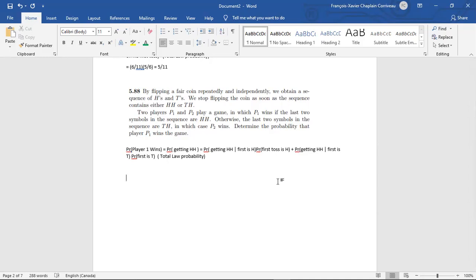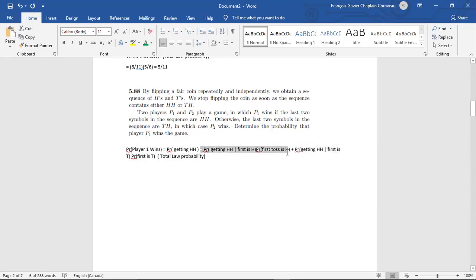Yeah, that's the intent. So this probability here is zero. If the first toss is a tail, player one cannot win.